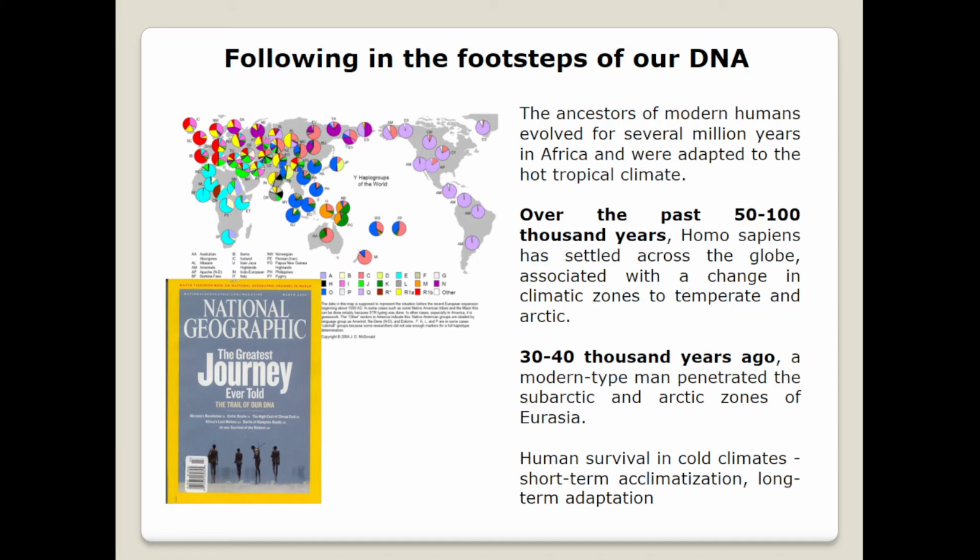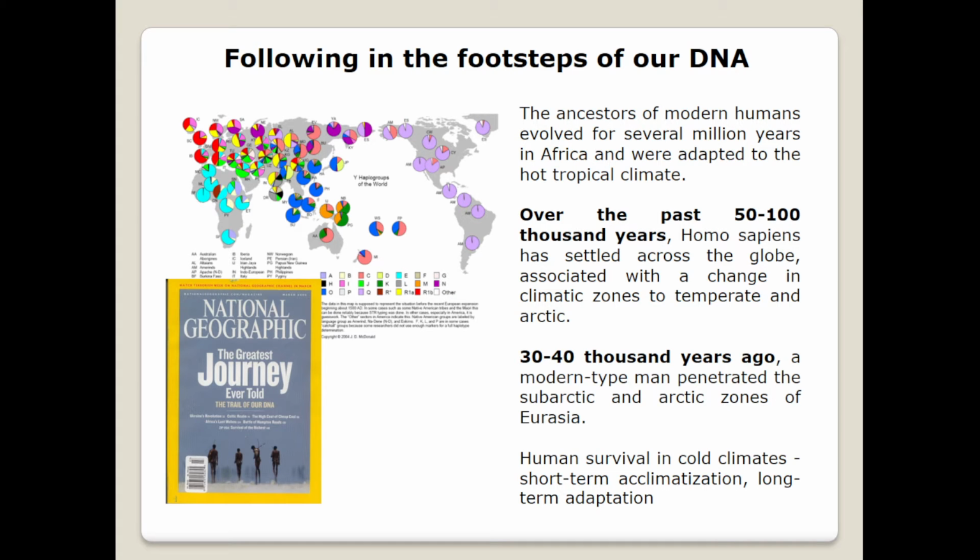In evolution theory, which now has scientific evidence, we need to think that over the past 50, 100,000 years, Homo sapiens has settled across the globe, associated with a change in the climatic zones to temperate and Arctic.